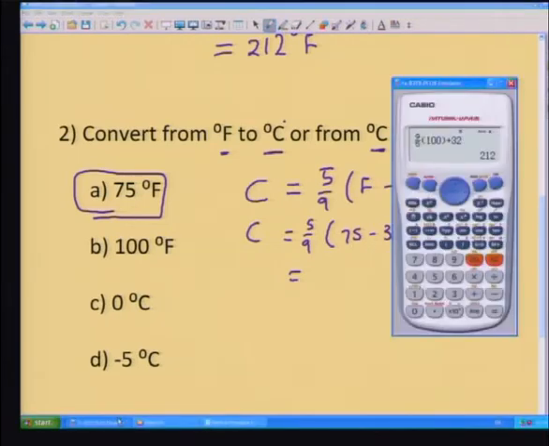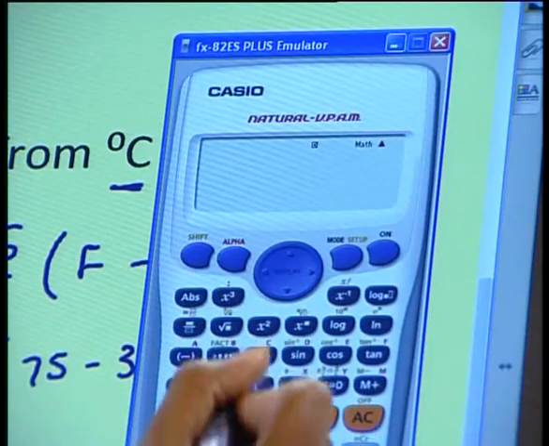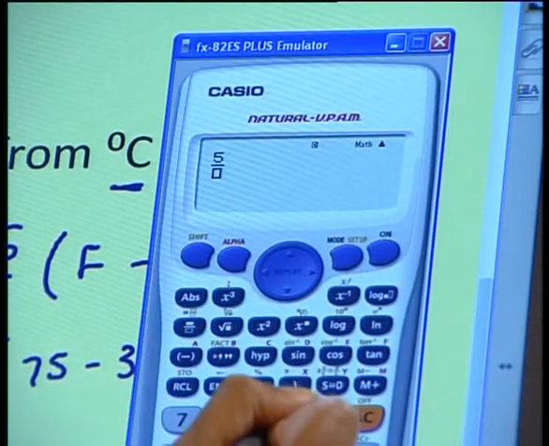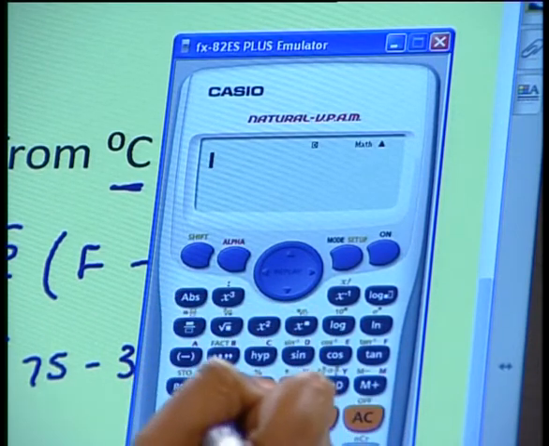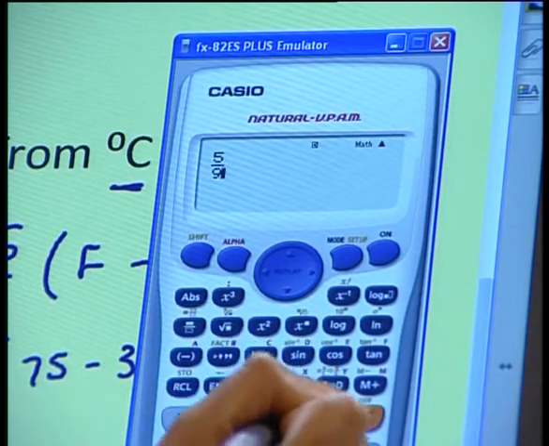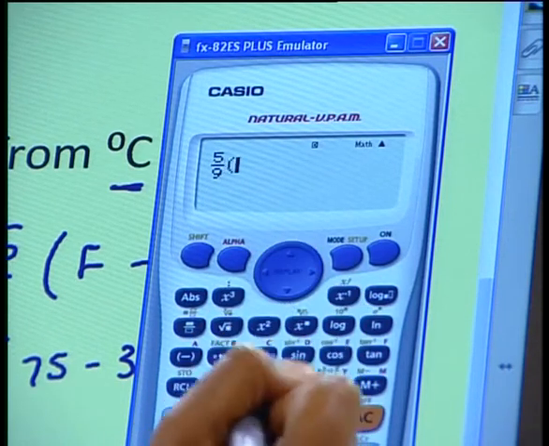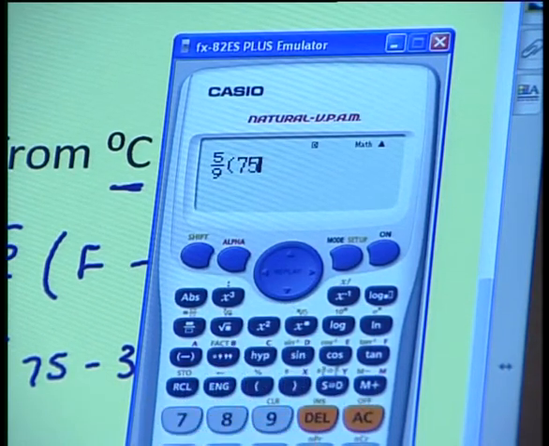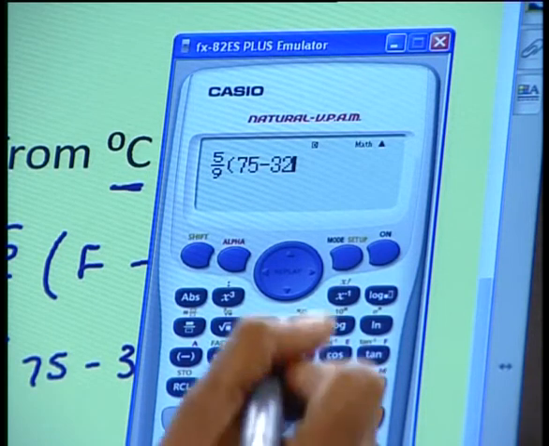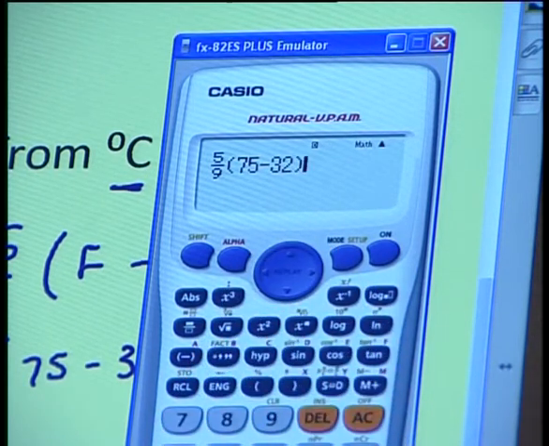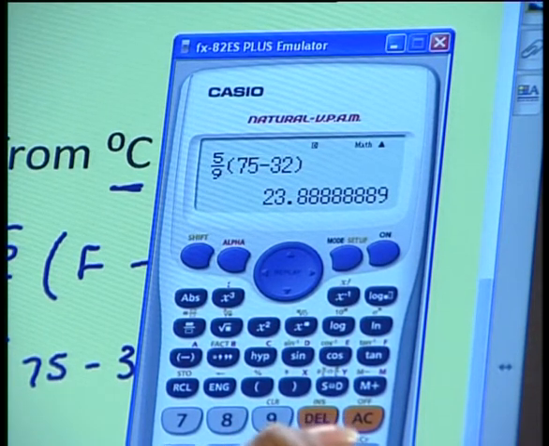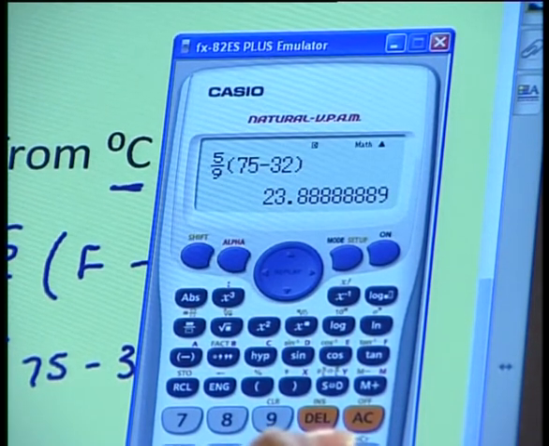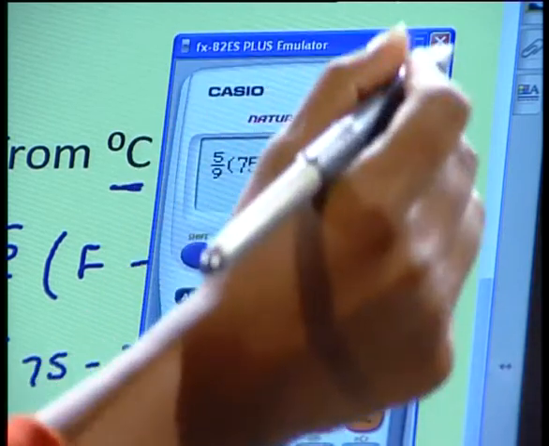But ultimately, let's see what we get. So we're going to have 5/9, and we want our brackets there, so 75 minus 32, close the bracket, and that will give me 23,888 and so on.